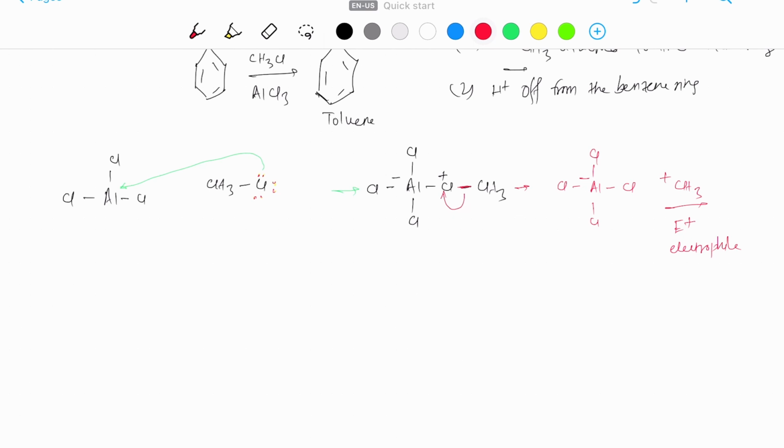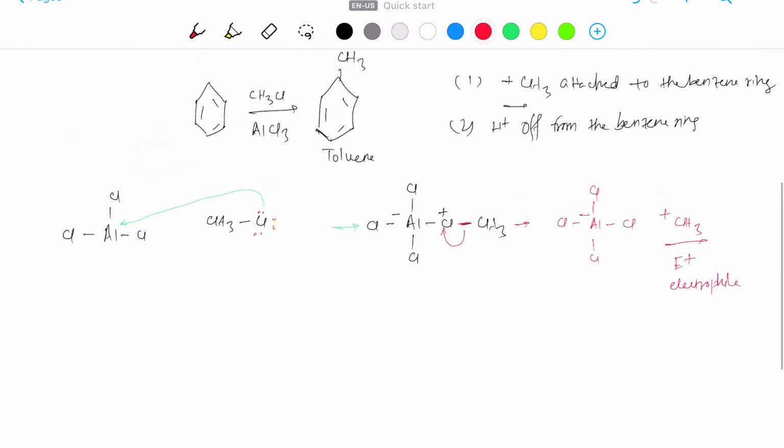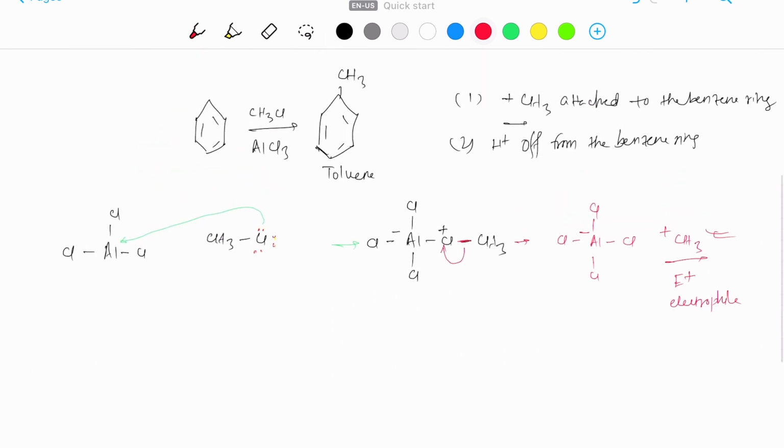Now the problem with this is that the stability of primary carbocation is not that great. And if you remember the stability, that tertiary carbocation is more stable than secondary carbocation, and which is more stable than primary carbocation. Now here we have a primary carbocation. And when you have a primary carbocation, it does not want to be left out in the reaction solution like this, and it has positive charge on it, and carbon doesn't like that.